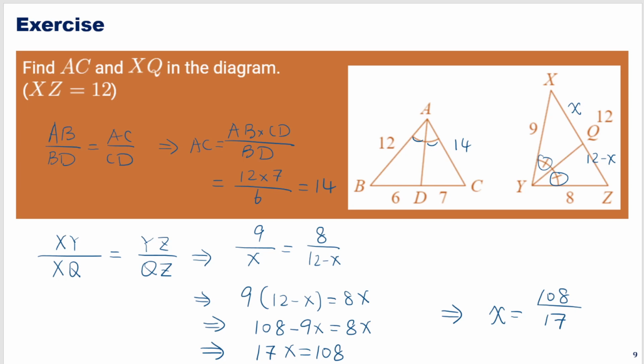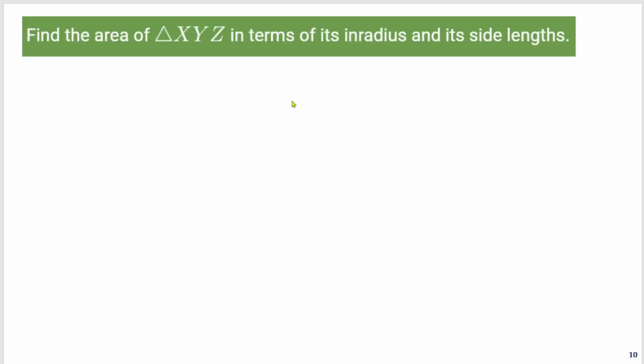Okay, we have already looked at the concept of incentre, inradius, and incircle. Next, let's have a look at the area for the incircle. Can you find the area of triangle XYZ in terms of its inradius and its side length?